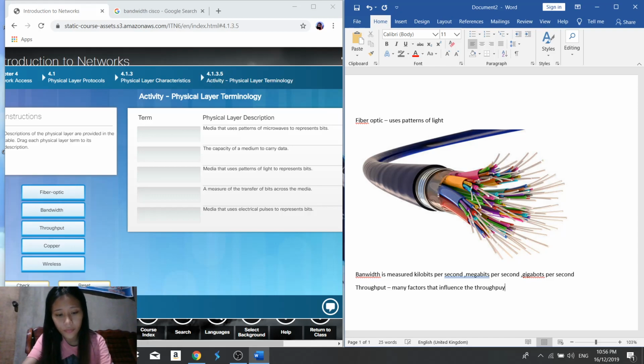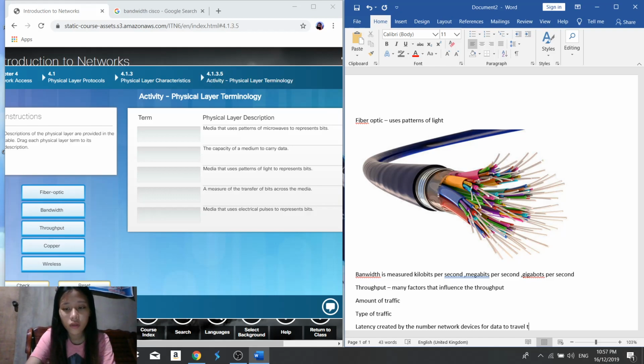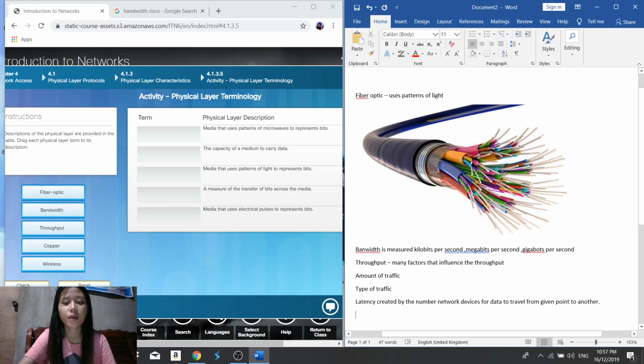The first one is the amount of traffic, and the type of traffic, and the latency created by the number of network devices for data to travel from a given point to another. So those are the factors that influence the throughput.